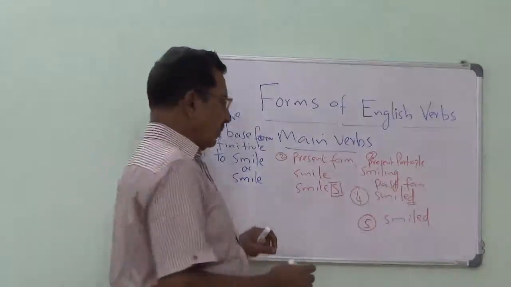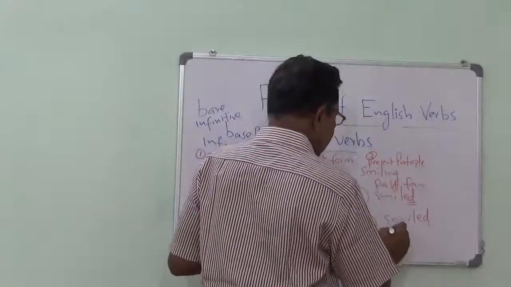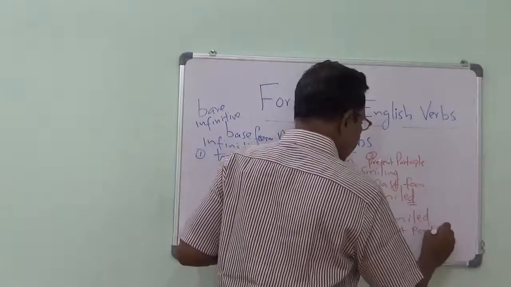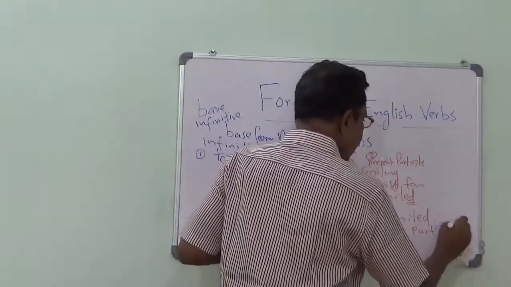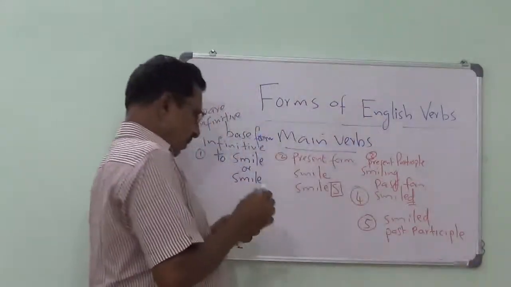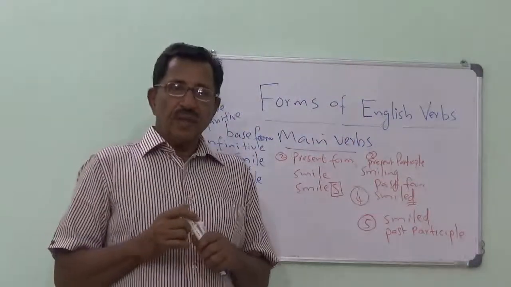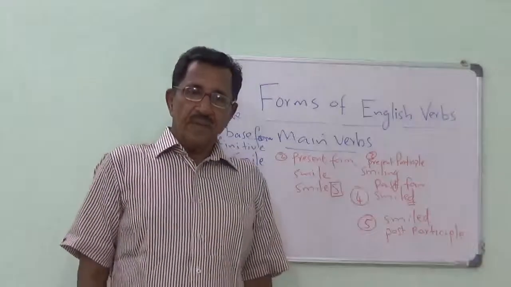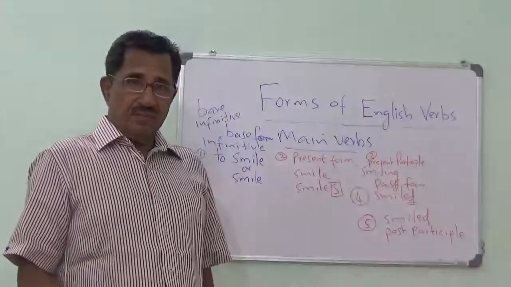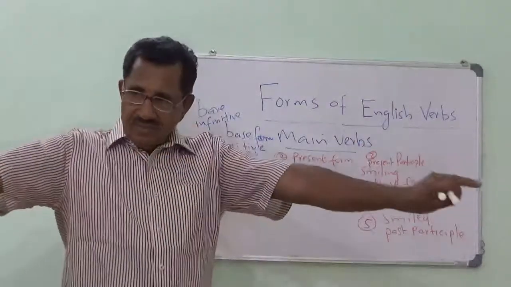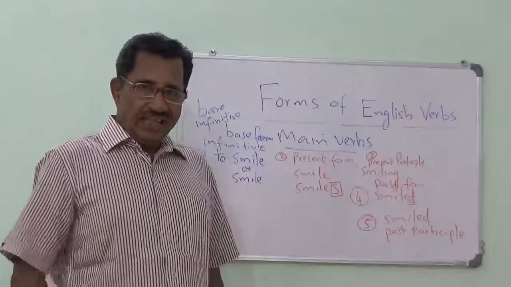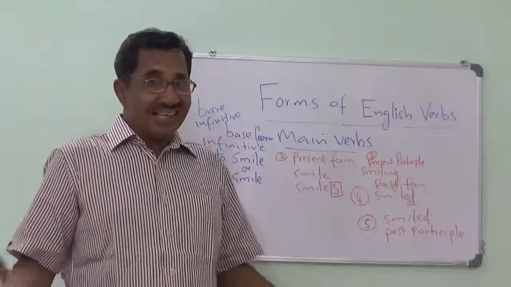This form is called the past participle. So these are the 5 different forms of main verbs in English. Main verbs, helping verbs. Let us not think about that now. That we will see, as I often said, later.